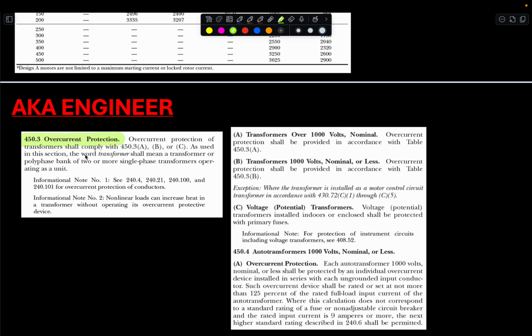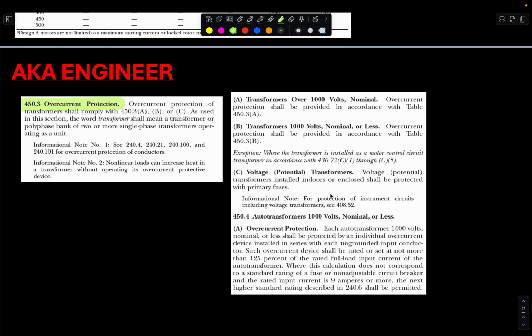So what do we have here for 450? Transformers over 1,000 volts, overcurrent protection shall be provided in accordance with table 450.3(A). Transformers 1,000 volts or less, overcurrent protection shall be provided by table 450.3(B).